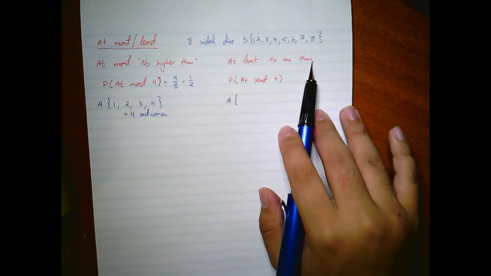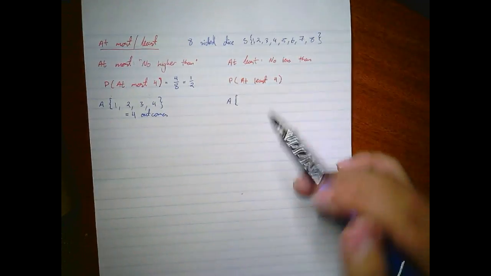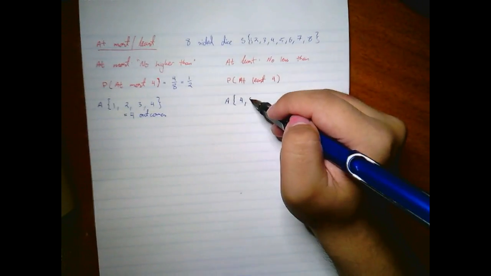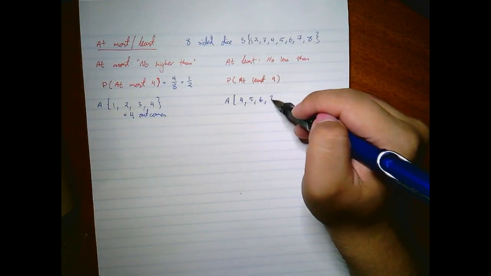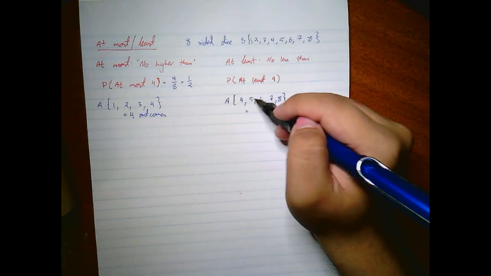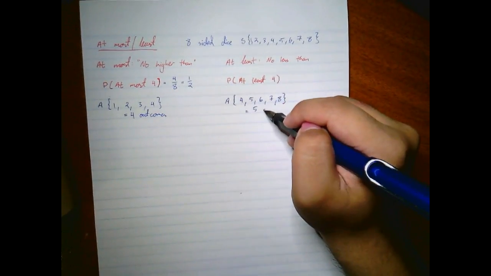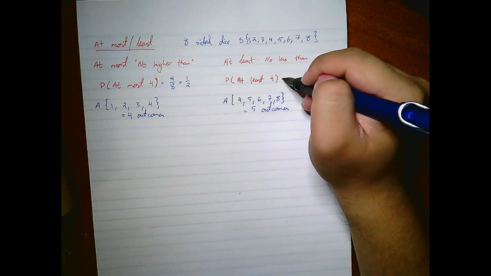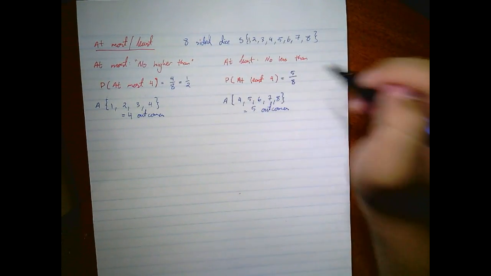So we're going to start at 4 because it's no less than 4. That means the smallest number we start at is 4 and start counting up. 4, 5, 6, 7, and 8. Which gives us 1, 2, 3, 4, 5. That's 5 outcomes, which gives us 5 out of 8.